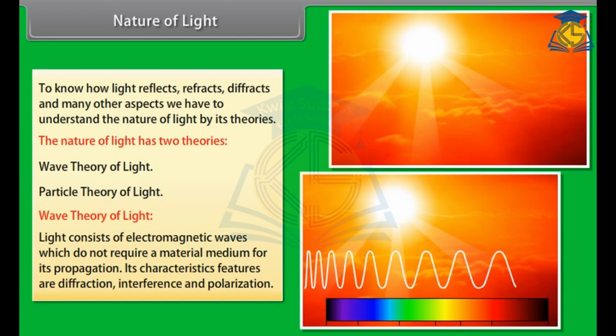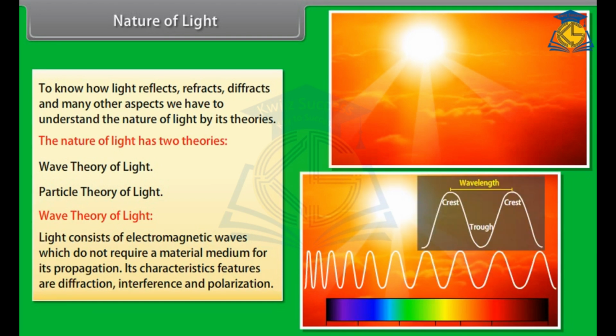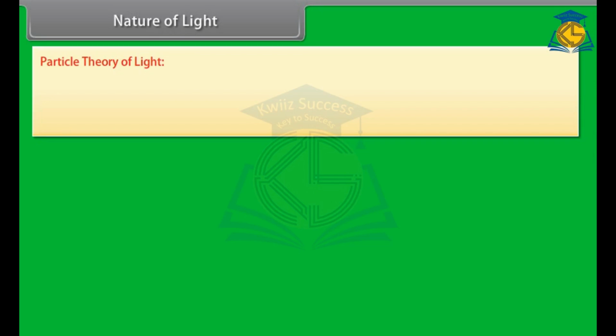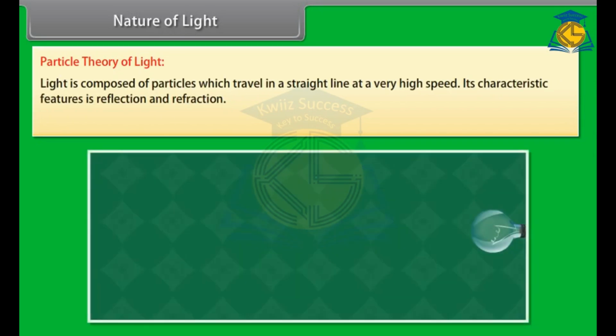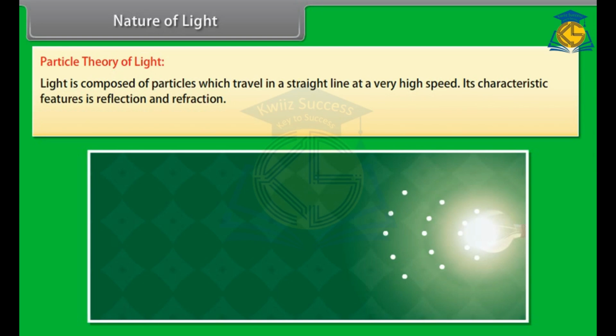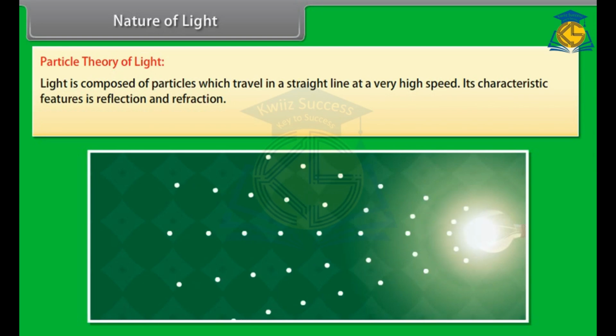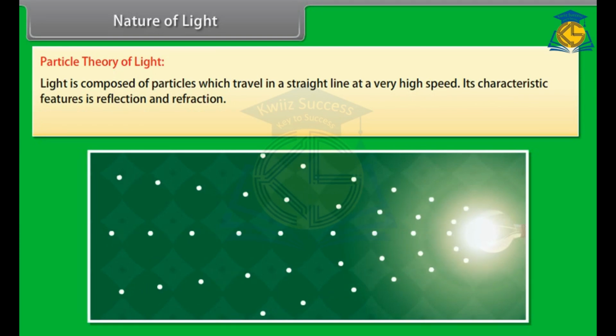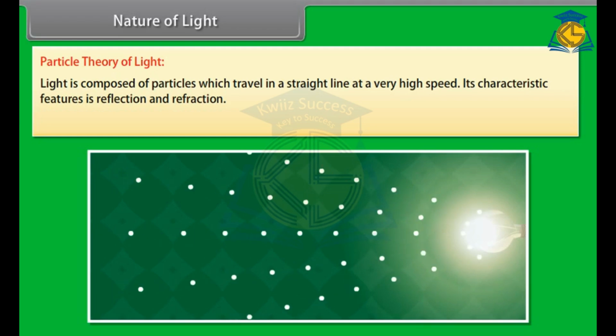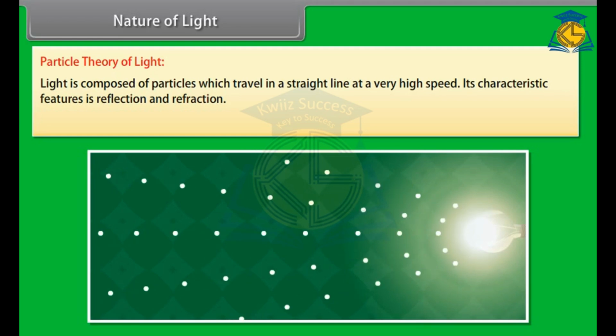Its characteristic features are diffraction, interference, and polarization. Particle theory of light. Light is composed of particles which travel in a straight line at a very high speed. Its characteristic features are reflection and refraction.